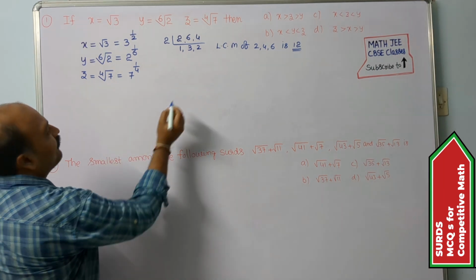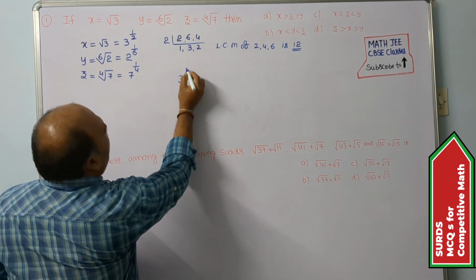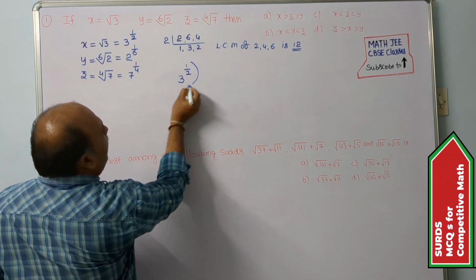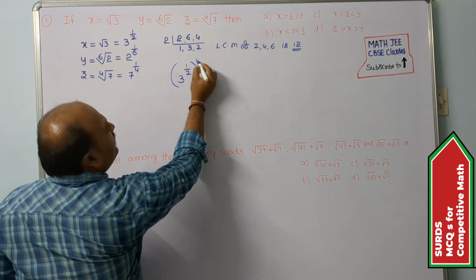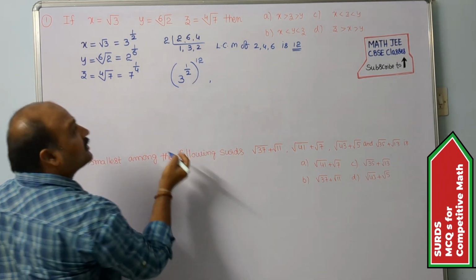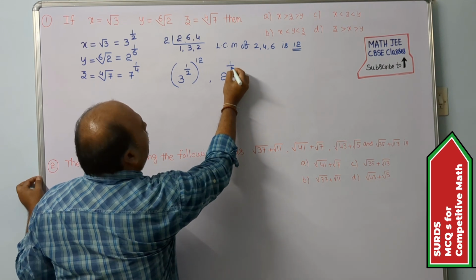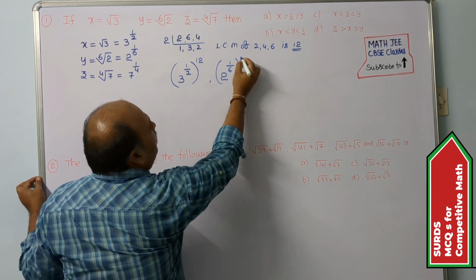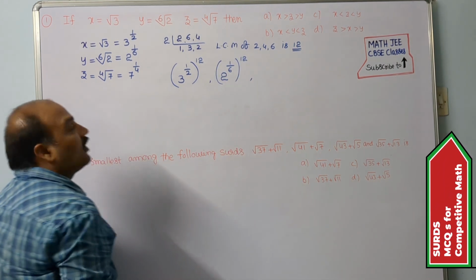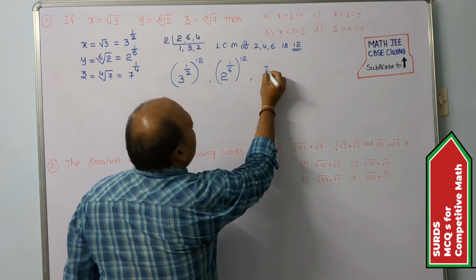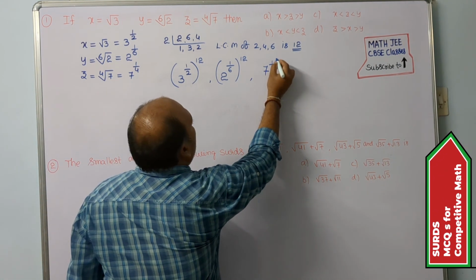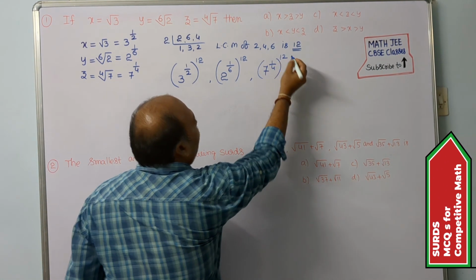See here, 3 power 1 by 2, I am raising to the power of the LCM, 12. Next, the second surd, 2 power 1 by 6, whole power 12. Next, the third one, 7 power 1 by 4, whole power 12.